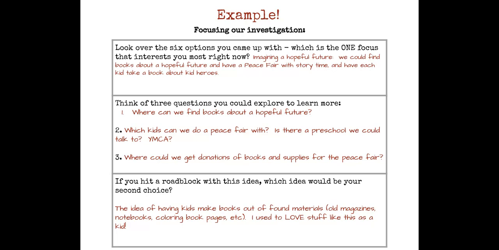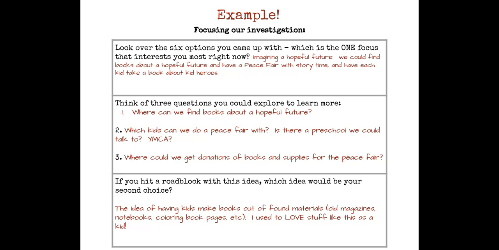And then the last thing we're going to talk about in our group is, if we hit a roadblock with this idea, if it turns out like we just can't raise the books, there's too many problems, we can't find a place to hold our peace fair, we don't have to abandon our idea totally.